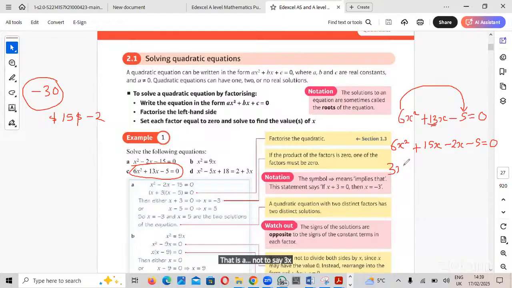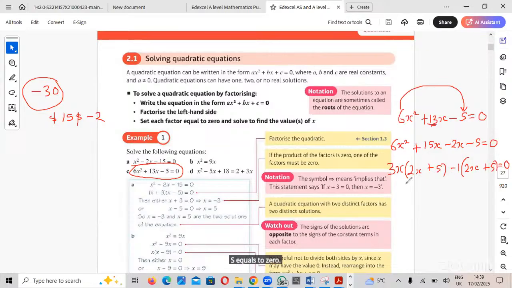Bring 3x out. This one gives us 2x plus 5. Then minus, what is common between the minus 2x and minus 5? Is there anything common between them? Is it 1? Minus 1. That will be 2x plus 5, equal to 0.